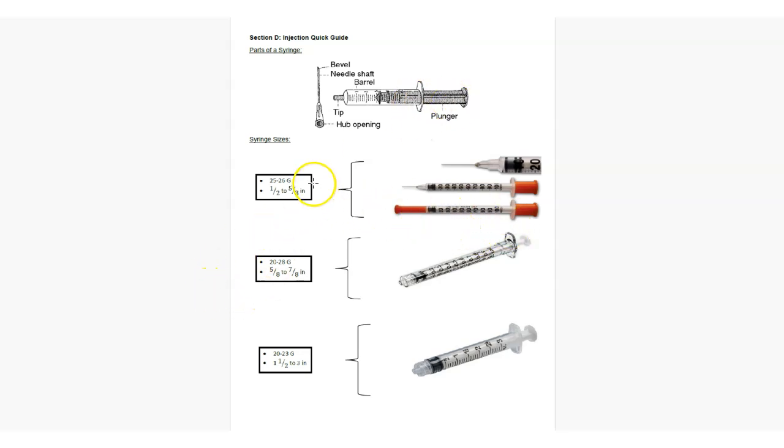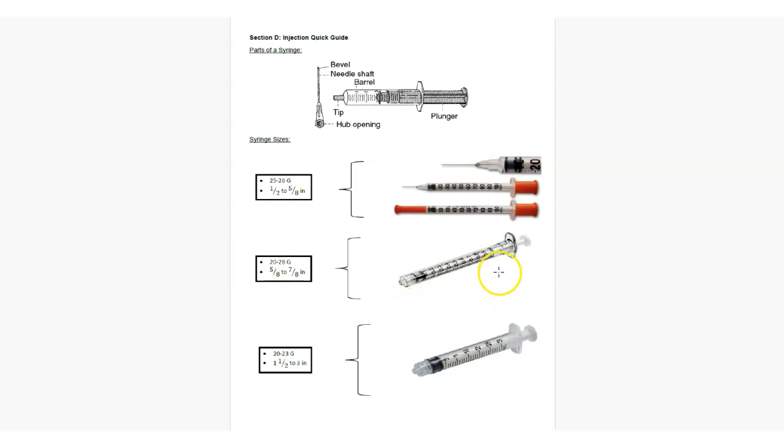And then for your syringe and needle sizes, typically you're looking at insulin syringes. Usually you want to use 25 to 26 gauge needles, about 1/2 to 5/8 inches. The most common ones are 5/8 inches for sub-Q administration.